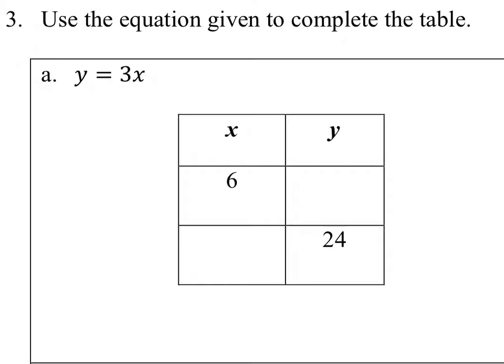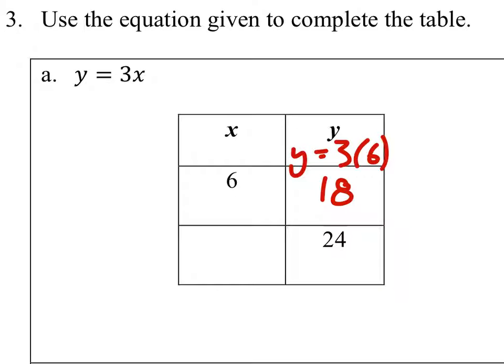Use the equation given to complete the table, y equals 3x. Up in here, this first one we see x is 6, so y equals 3 times 6, which is 18, so y is 18. Now this next one is very different because it gives us the y value.